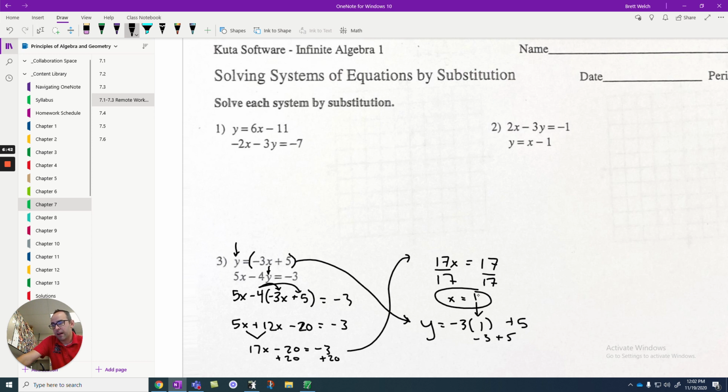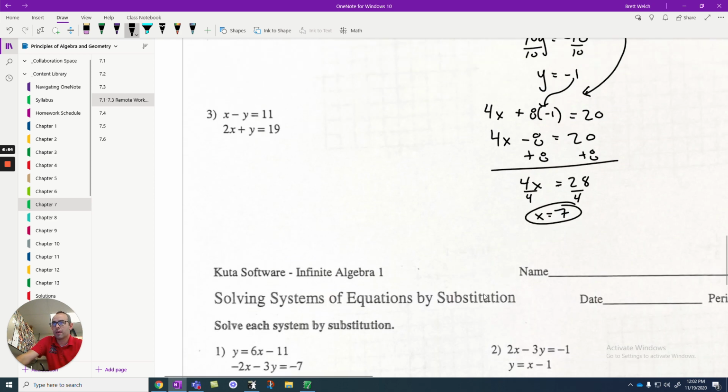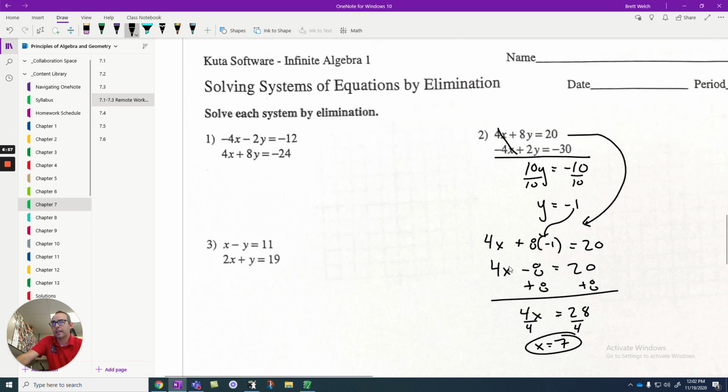And if I add 5, negative 3 plus 5 comes out to be y equals 2. So my final solution would be 1, 2. 1 for x, 2 for y. And by the way, up here on number 2, I should also write it here as well. This is 7 comma negative 1. 7 for x, negative 1 for y.